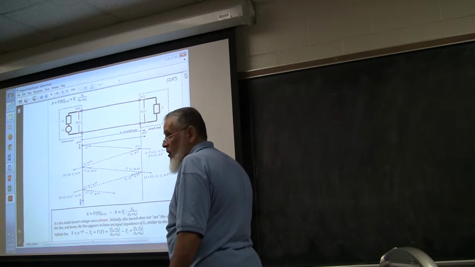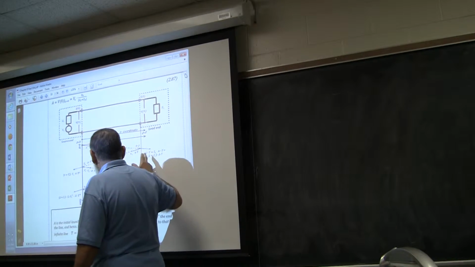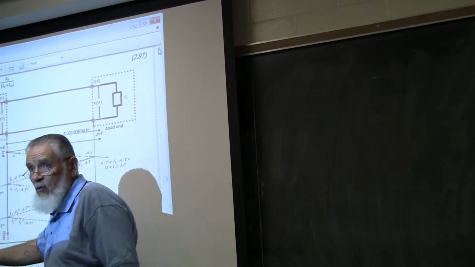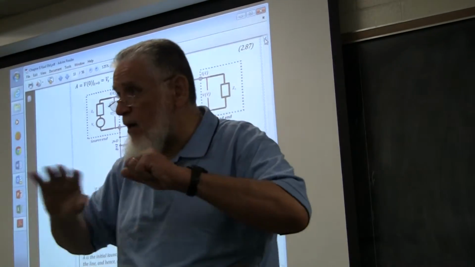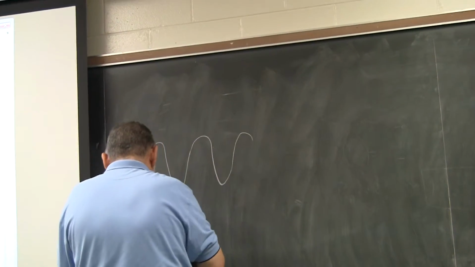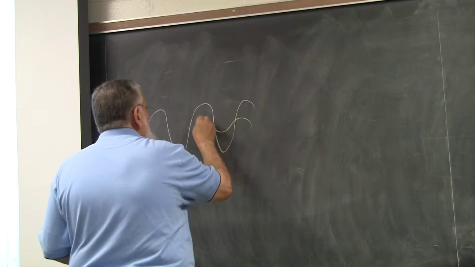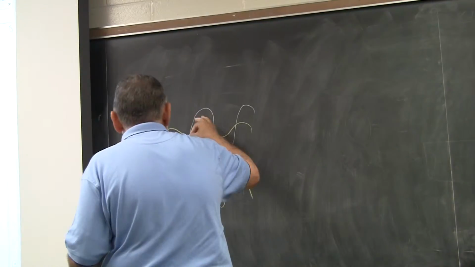So all these are harmonics. And I'm monitoring here the waves that go this way and the waves that go that way, and they're all sinusoids. If I look at them on a scope, they are added. You have a sinusoid going this way, another sinusoid going that way, and they are added to each other, and eventually you have a third sinusoid. You can't tell.